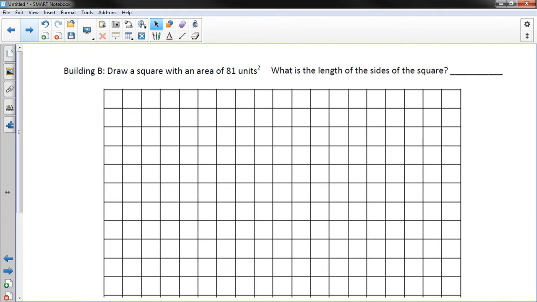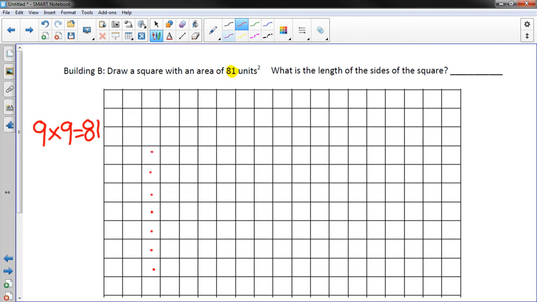Building B. Draw a square with an area of 81 units. Okay, something times something is 81. I know 9 times 9 is 81. So I need to make a square with the sides of 9. Alright, so 1, 2, 3, 4, 5, 6, 7, 8, 9.